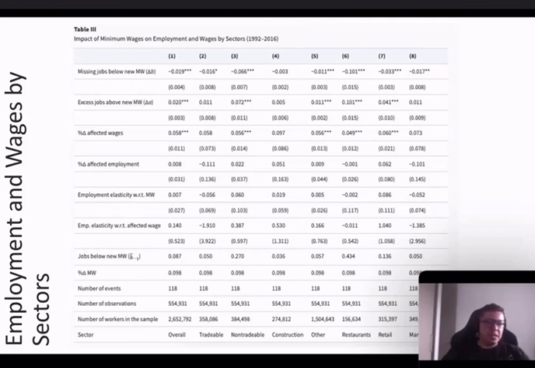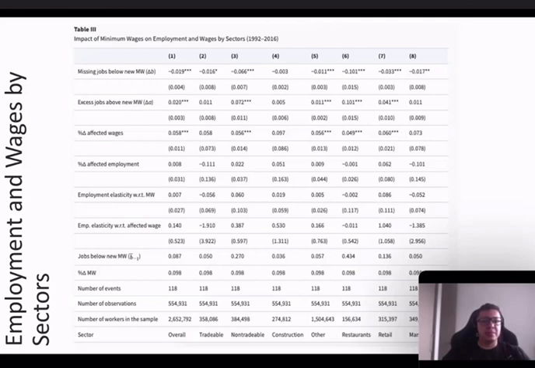This table shows the compared minimum wage effects across different sectors. The table reports the effects of minimum wage increases by industry based on the event study analysis. Minimum wage changes between 1992 and 2016.